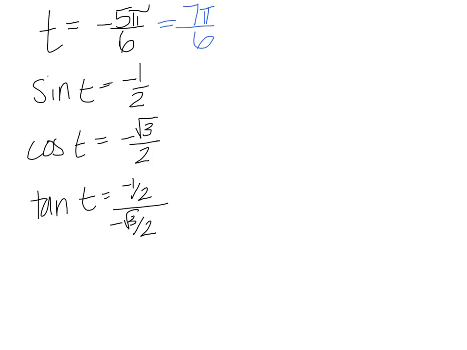Keep, change, flip. Keep that first fraction intact as it is. So I'm going to keep negative 1/2. I'm going to change to multiplication. And I'm going to flip that bottom fraction. I'm not changing any signs. That's why I'm using keep, change, flip. I'm not changing any signs. So the bottom fraction stays negative, but it'll be 2 over the square root of 3.